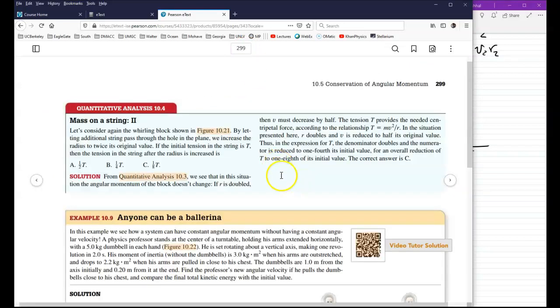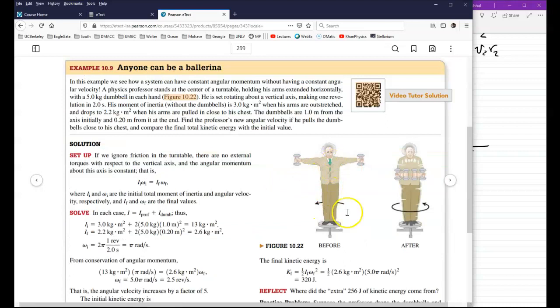You got this guy right here standing on a stool, and he has dumbbells, and he's spinning around. Then he brings the dumbbells towards his side or towards his chest, so he starts spinning faster, just like the ice skater.